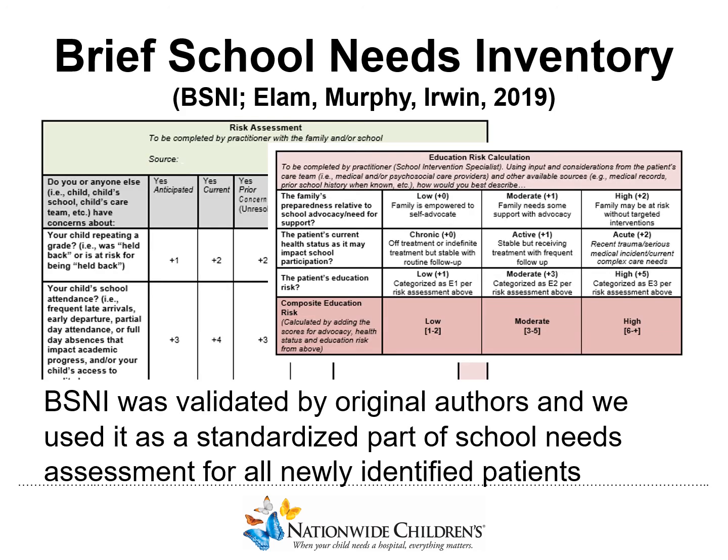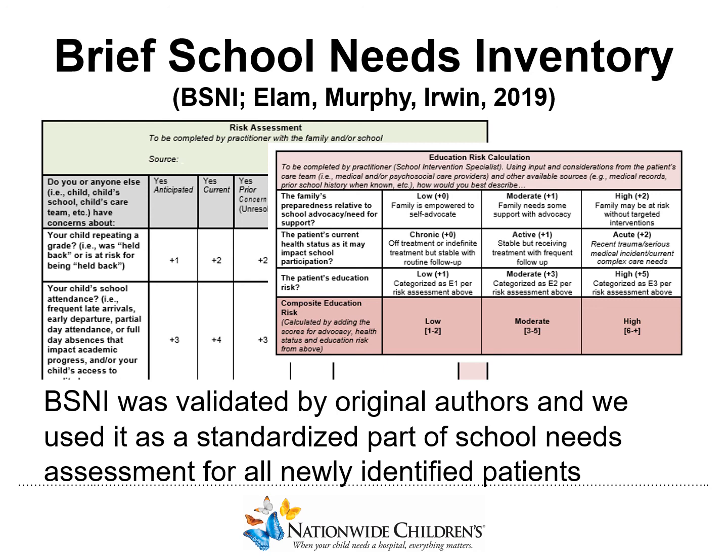So the brief school needs inventory was a linchpin for our change to the tiered service model. This is just a couple of quick snapshots. For those of you who have not seen the inventory, there are specific risk questions, and then there is an overall composite score that helps determine whether a patient and their family fall in the low, moderate, or high range for needs or risk.